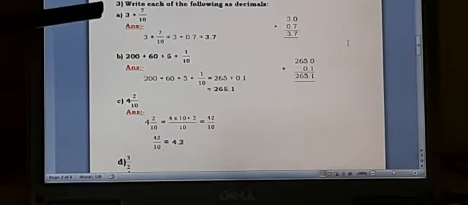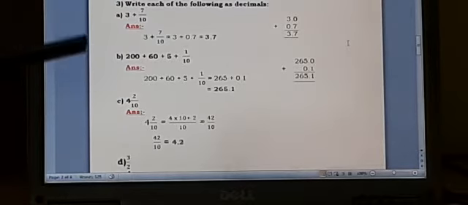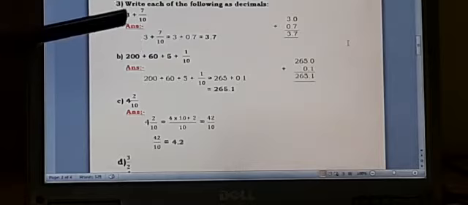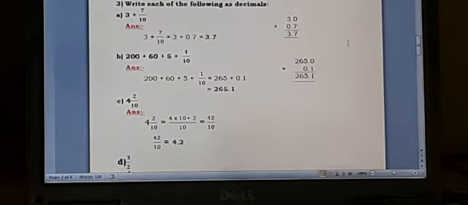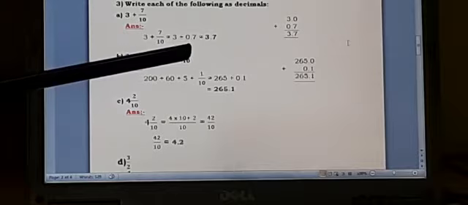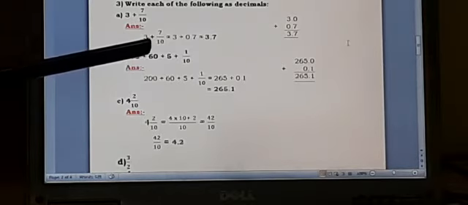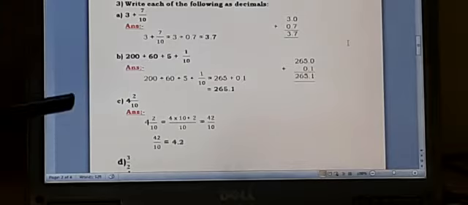Here they have given the question 3 plus 7 by 10. Here 3 is a whole number. 7 by 10 should come after the decimal point. So 3 plus 7 by 10. 7 by 10 written as a decimal is 0.7. Then we have to add, we will get the answer. Here I have done the rough work.